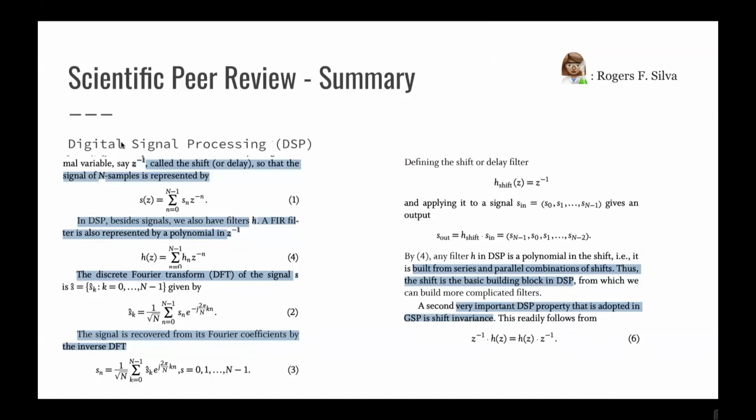Okay, so I'll move on to a more scientific peer review part of this discussion. What I put together here is a summary of how this method of graph signal processing works, and this is one of the strengths of this paper, in that it pretty much puts graph signal processing side by side with digital signal processing.